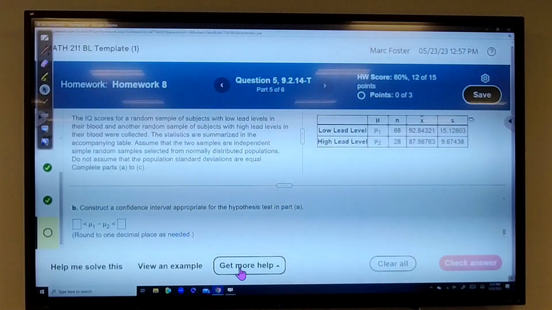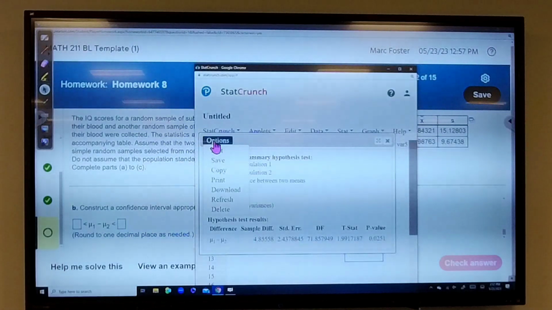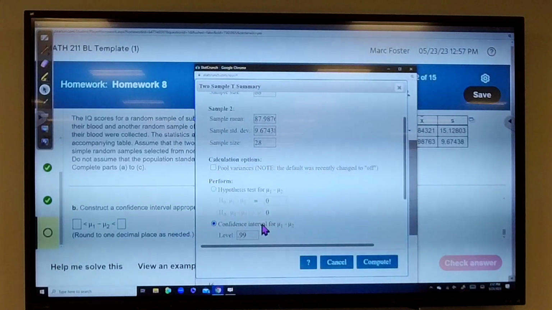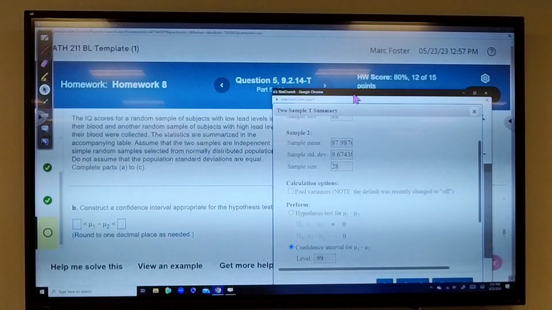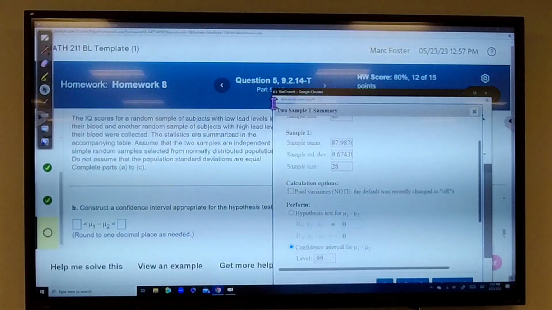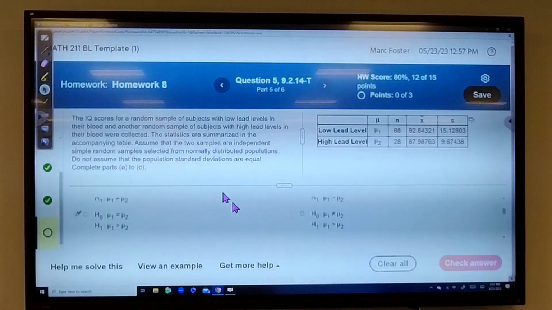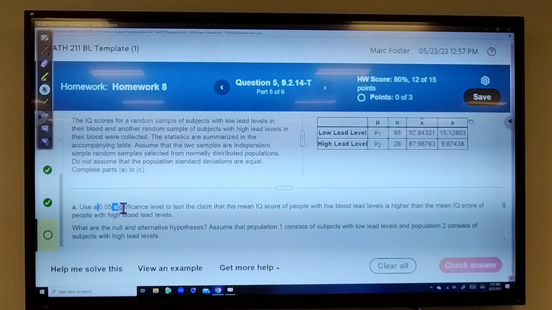Construct the confidence interval. I'll go back to StatCrunch, Options, Edit, change it to confidence interval. Now this was a one-tail hypothesis test with an alpha of 0.05.